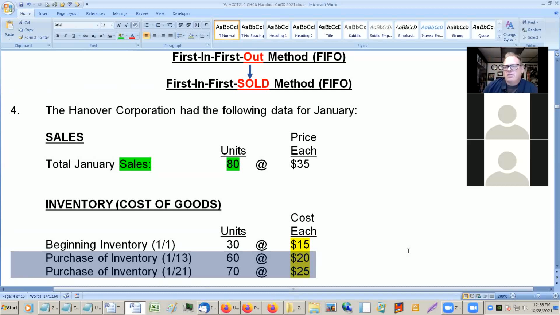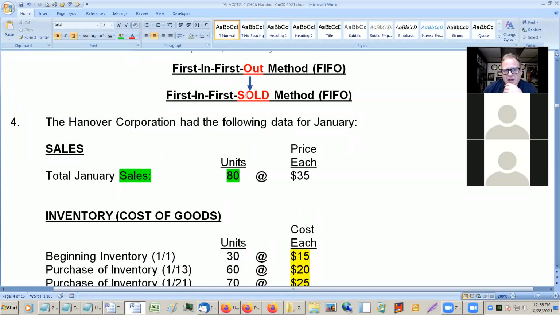The first ones in are the first ones that you sell. They have to be in some cases because you don't have the other ones yet. So if you make a sale on January 10th, it has to come from those 30. These other ones didn't arrive for 3 more days. So if you sold one, it came from the first inventory. So first in, first out is probably the actual flow of goods. It probably matches it the best.